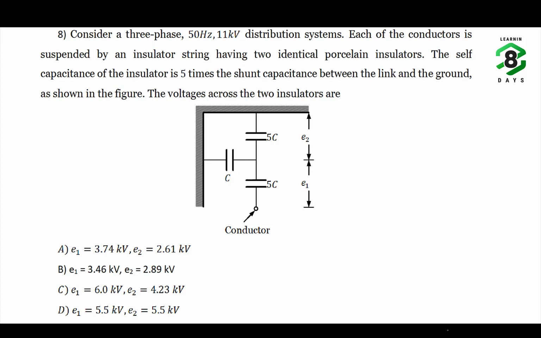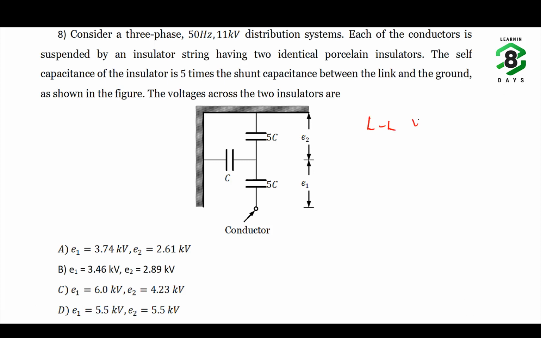Consider a 3-phase 50 Hz 11 kV distribution system. Each of the conductors is suspended by a string of two identical porcelain insulators. The self capacitance of the insulator is 5 times the shunt capacitance between the link and the ground. The voltage across the two insulators is asked. So here he has given the equivalent circuit of a suspension type insulator that has two discs, and he is asking the voltage across the individual discs.